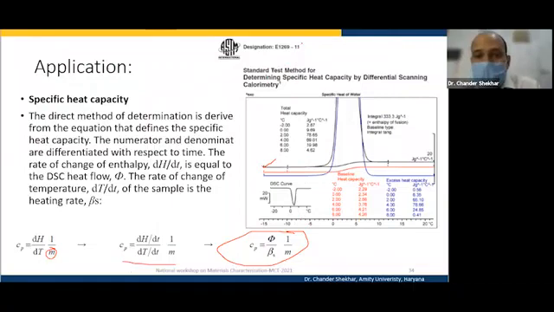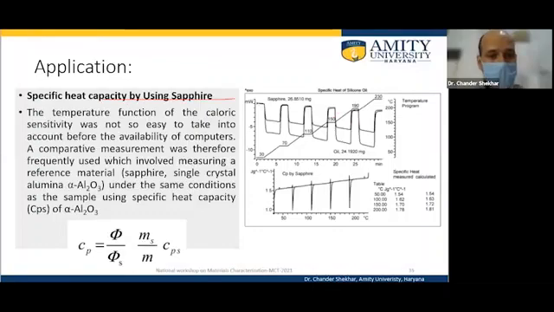There is a particular standard in the ASTM, E1269-11, that is used to determine this specific heat capacity using DSC. Using sapphire, generally the heat flow rate for the sample and for the sapphire and their respective masses and the heat capacity of the sapphire are used in order to determine the heat capacity of the particular sample.